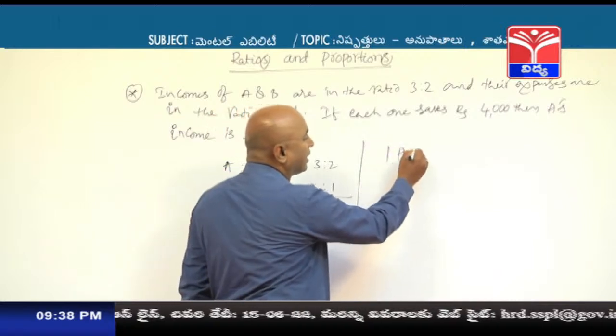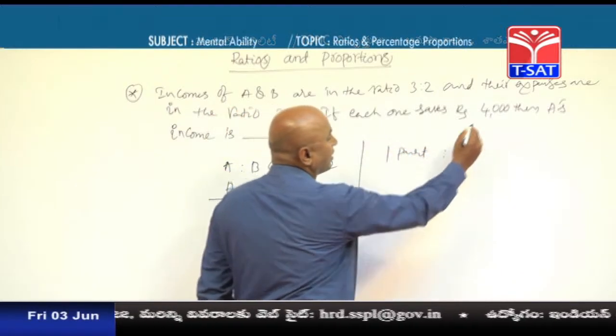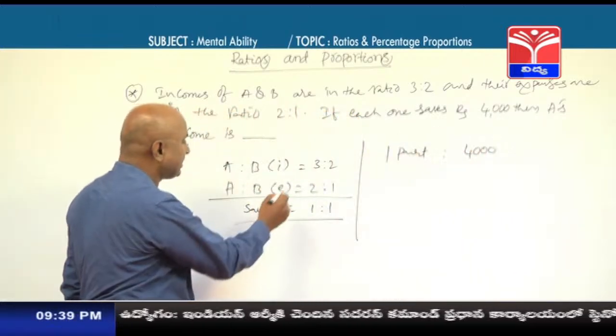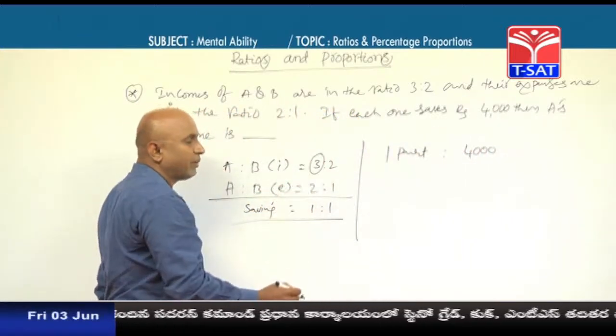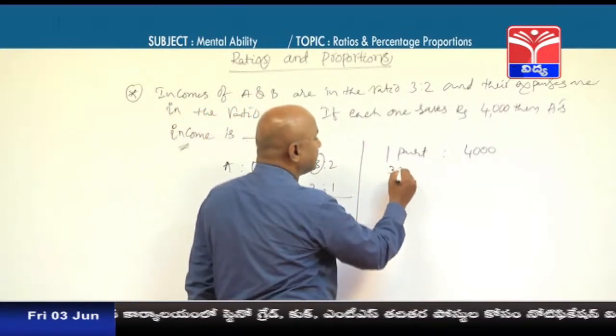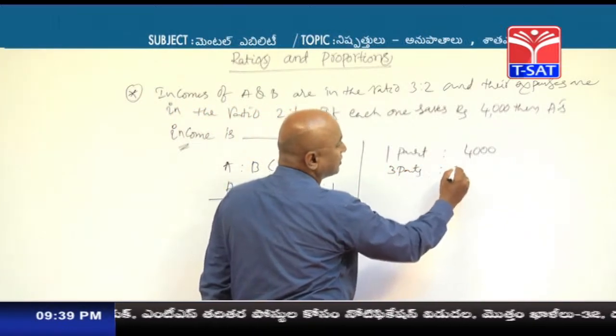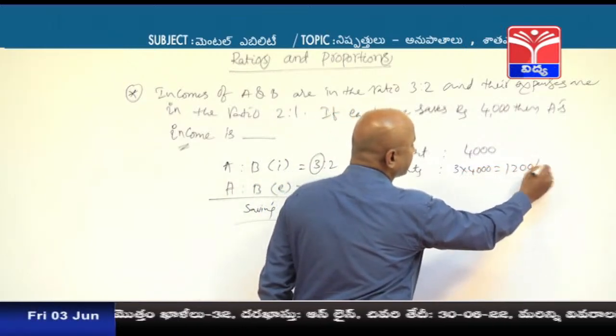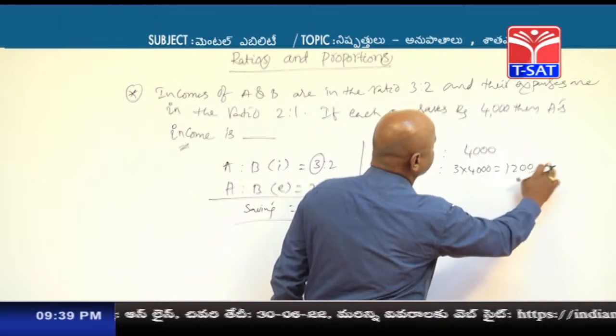So 1 part corresponds to 4,000. Then A's income is 3 parts. 1 part 4,000, so 3 parts is equal to 3 into 4,000, that is equal to 12,000.